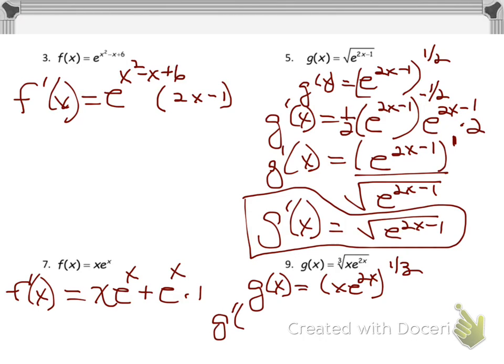So g prime of x will equal 1/3. Don't touch anything. Leave it just the way it is. Okay, and then that's raised to the negative 2/3 power. Now we have to do the product rule.